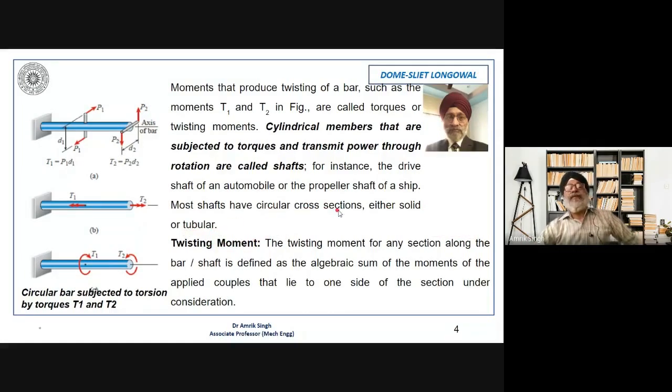We will see later on that hollow shafts are more economical to transmit power. Then what is the twisting moment? The twisting moment for any cross section along the bar or shaft is defined as the algebraic sum of the moments of the applied couples that lie to one side of the section under consideration.